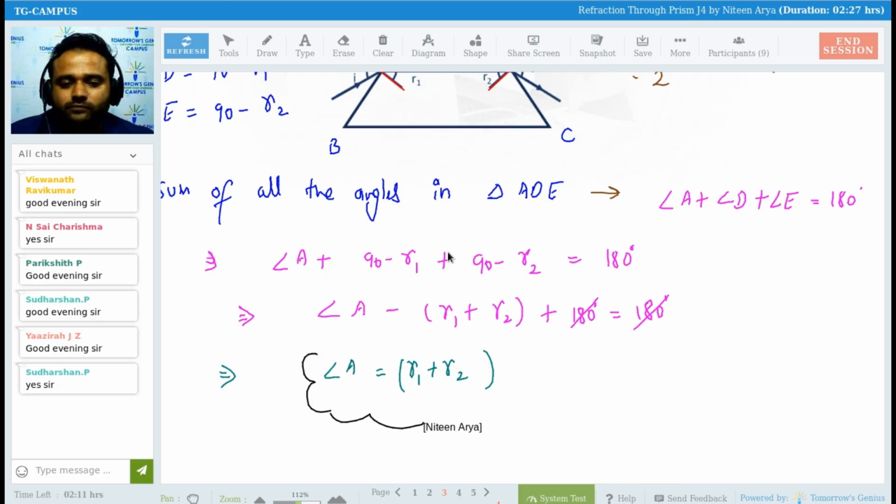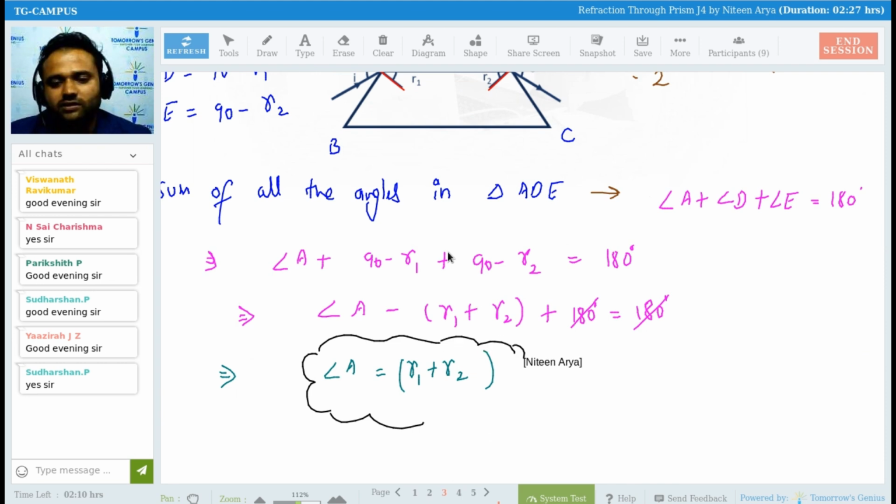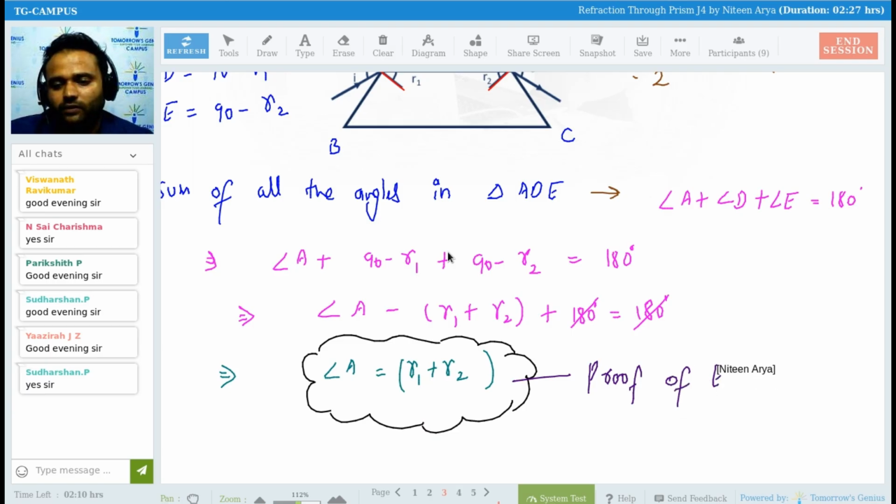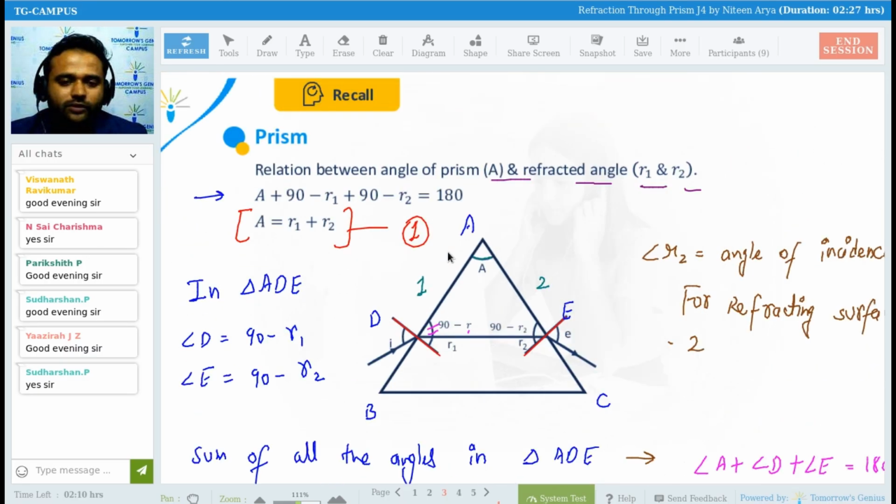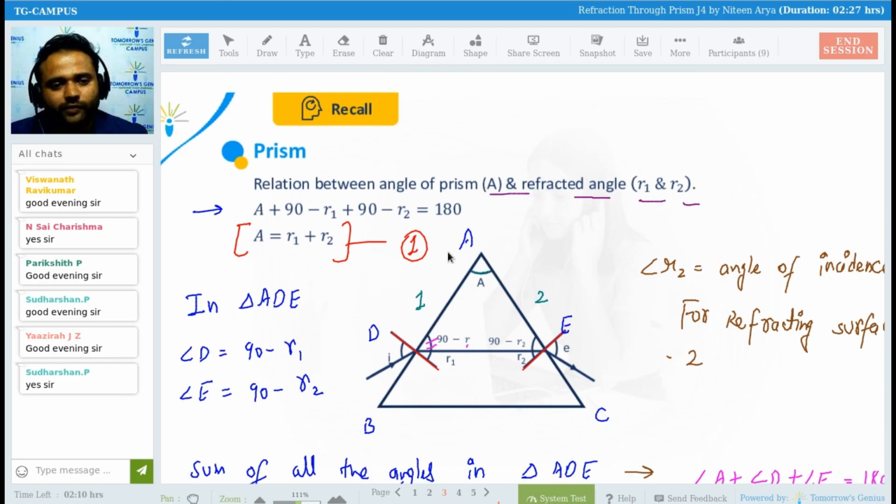Is this clear now, everyone? Very easy, very simple. So angle A equals R1 plus R2 in a prism. Till now we are just doing the prism property. Nothing more we are doing.